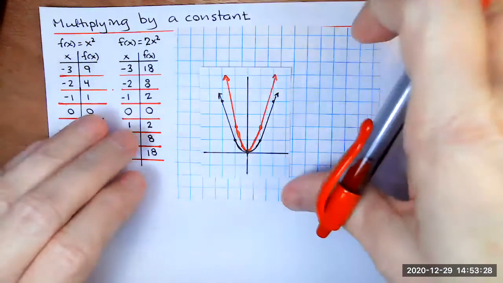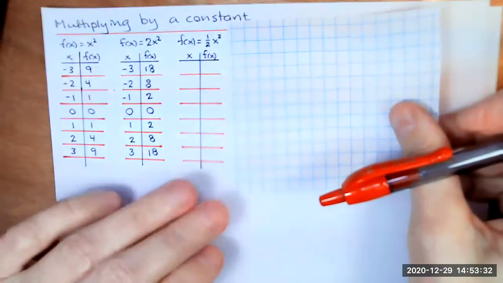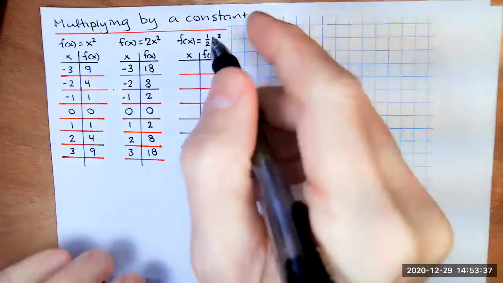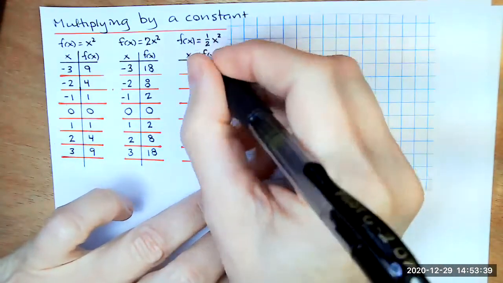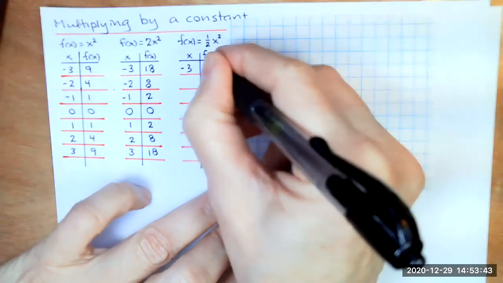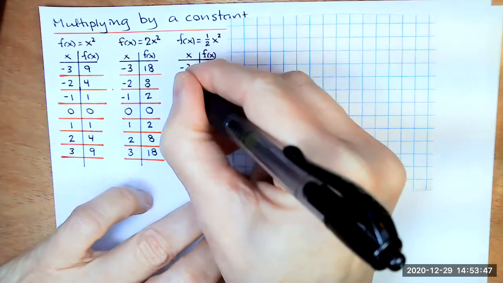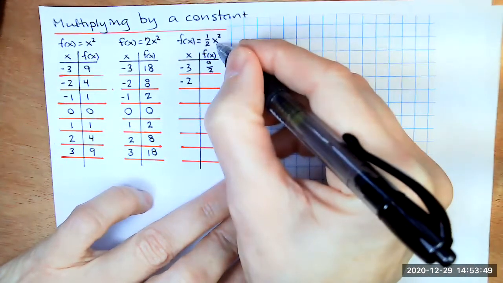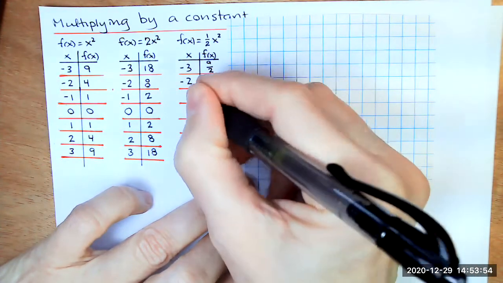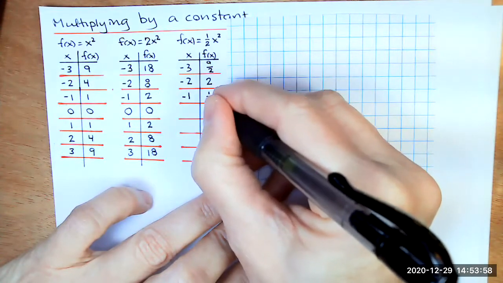All right, what do you think happens if we multiply by a half? So you put in -3. -3 squared is 9. Multiply by a half. Put in -2. -2 squared is 4 times a half. -1 squared is 1 times a half.